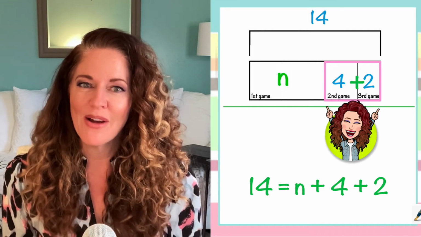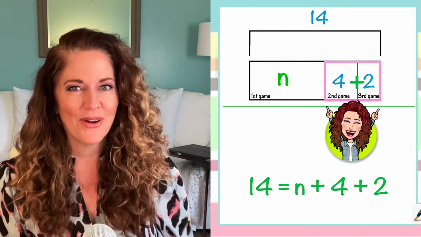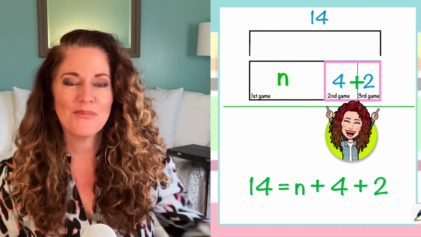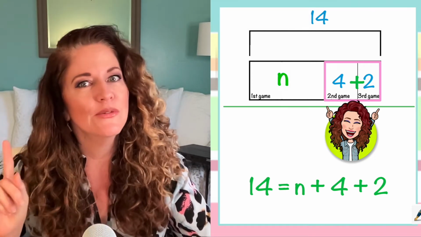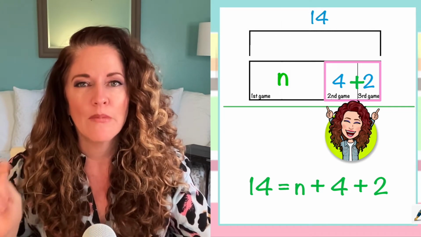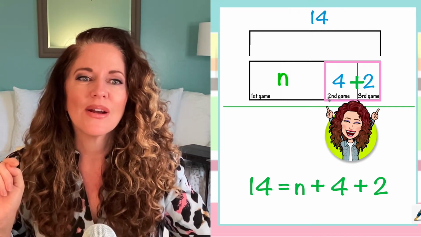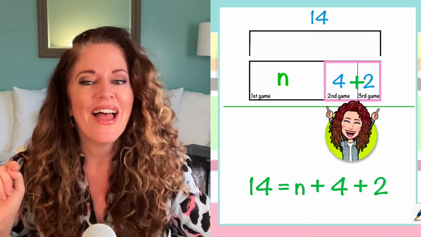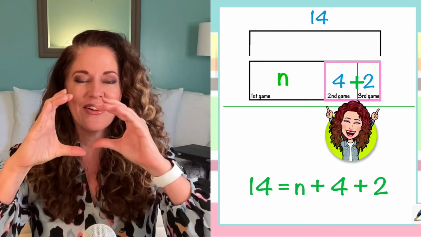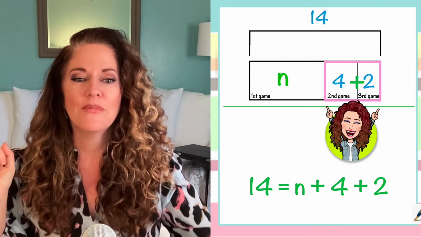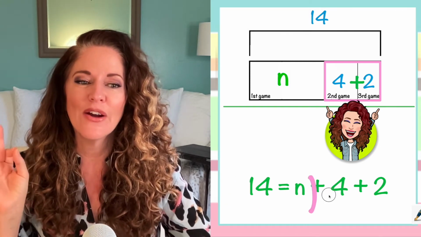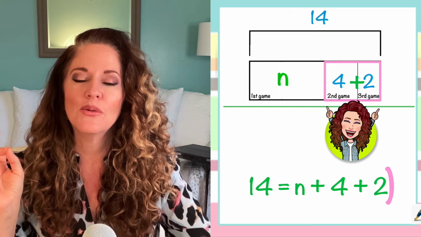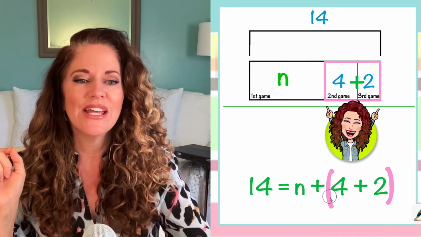Again, we talked about if we've got 3 parts, we know we're going to need to do at least 2 steps. So when we know that we're missing a part, we do need to subtract ultimately. But before we can even subtract, we're going to take the parts we know and put them together, combine them to make a super part. And to know that we have to do that step first, we want to be sure and include parentheses in our equation.